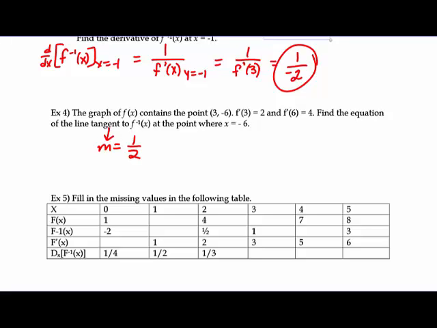So there's my slope for the tangent line. And if f inverse contains the point (-6, y), and the original contained the point (3, -6), then this must be (-6, 3). So my tangent line is y minus y1 equals m times x minus x1.